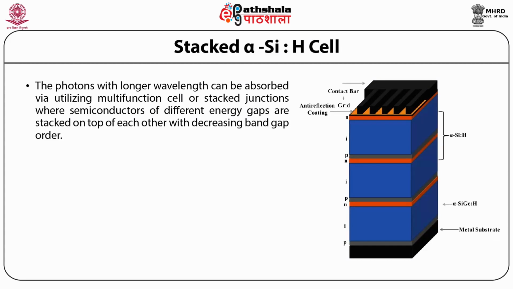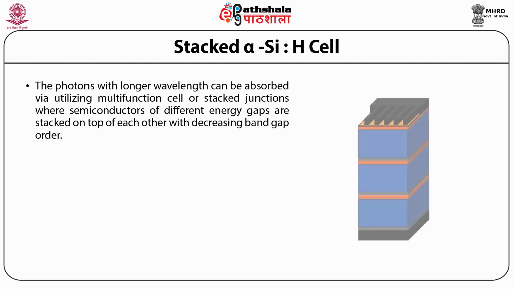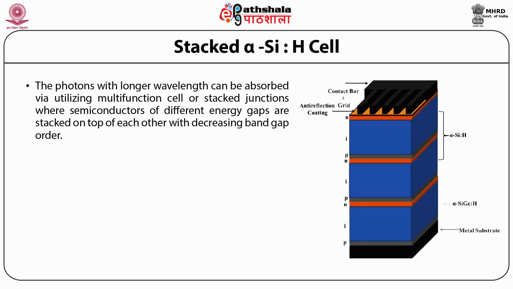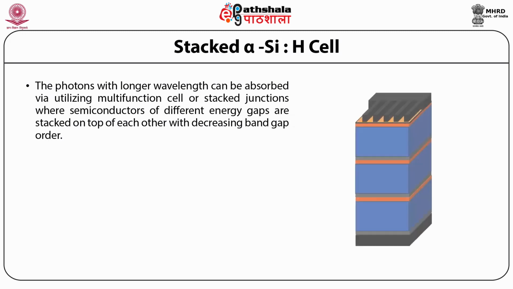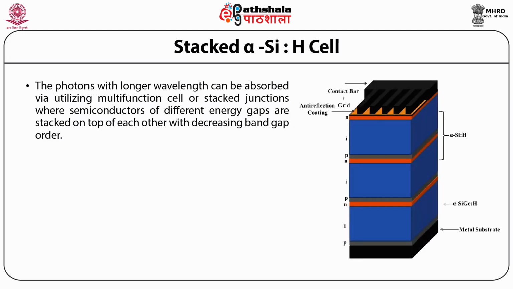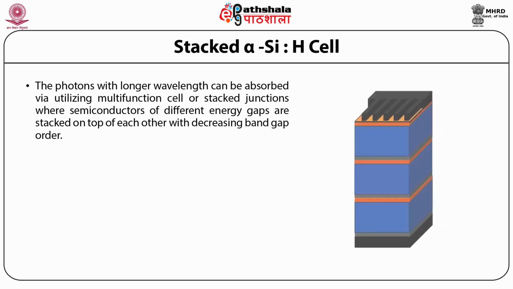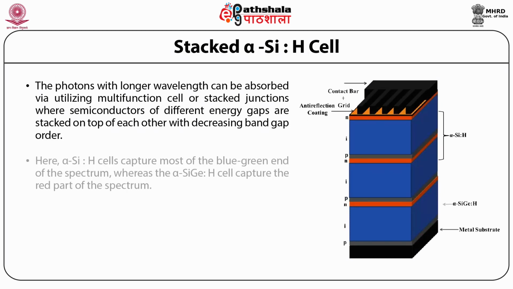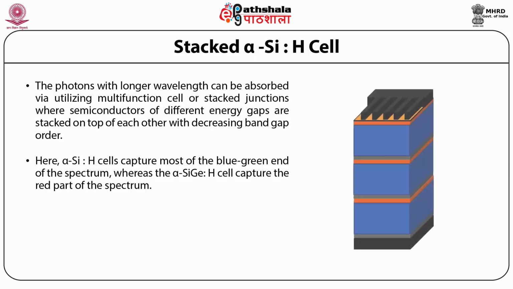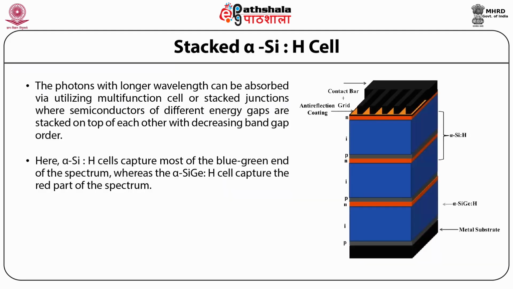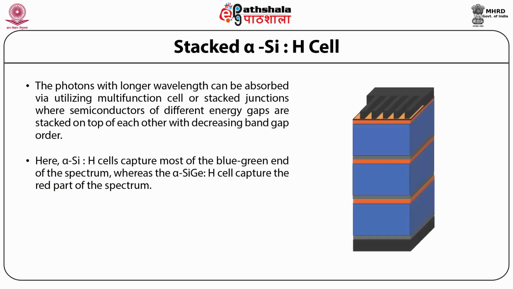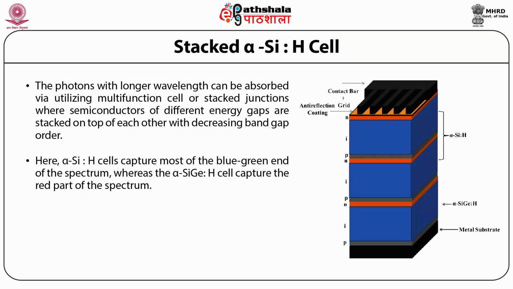The first two cells are standard alpha-SiH acting as the intrinsic layer, whereas the third or last layer is an alloy of silicon, germanium, and hydrogen, which is alpha-SiGeH. Here, the alpha-SiH cells capture most of the blue-green end of the spectrum, whereas the alpha-SiGeH cell captures the red part of the spectrum.